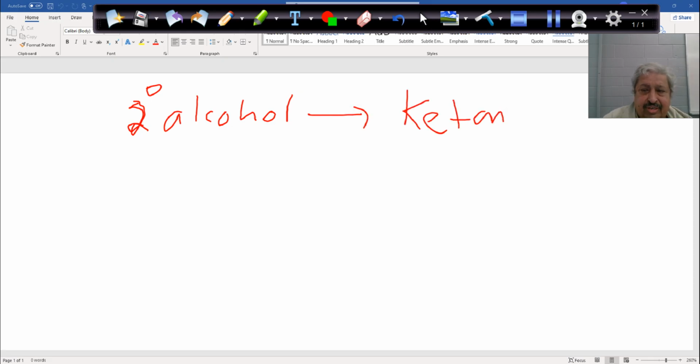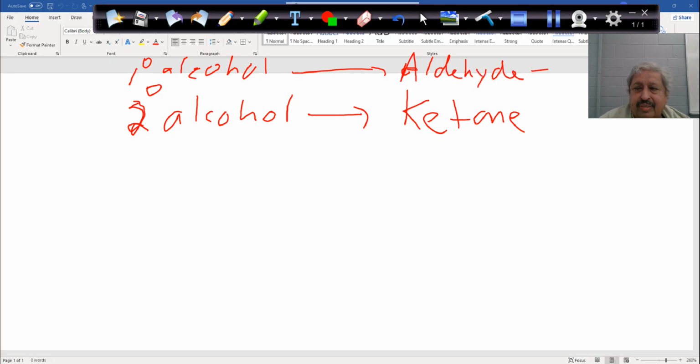So the first one here, the primary alcohol, you get aldehyde, correct? Which can go further to what? Carboxylic acid.